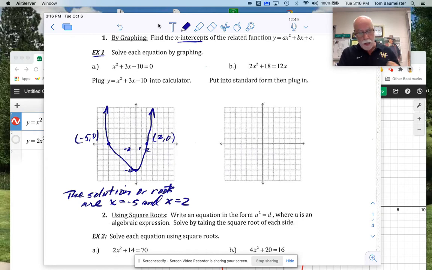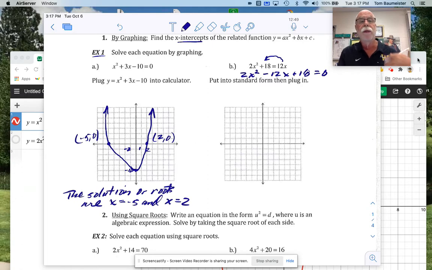All right. The second one, so if I go to the second one here, first of all, I want to put it into standard form. So I'm going to take this 12x and put it over to the other side. Then I'll have 2x squared minus 12x plus 18 is equal to 0.